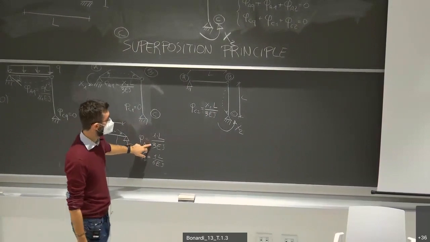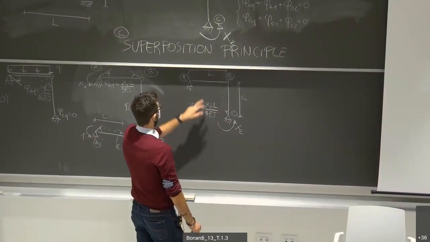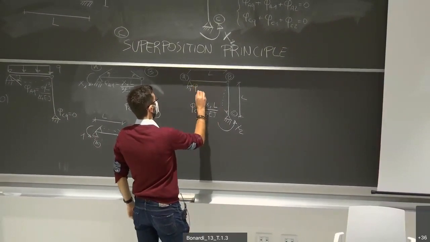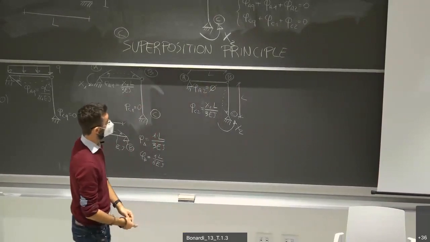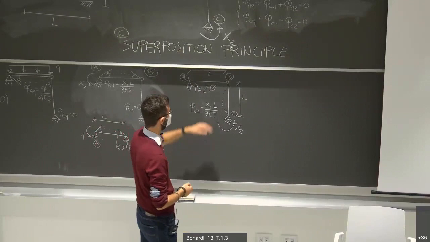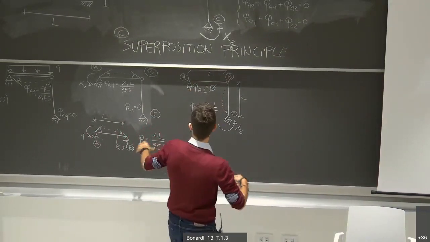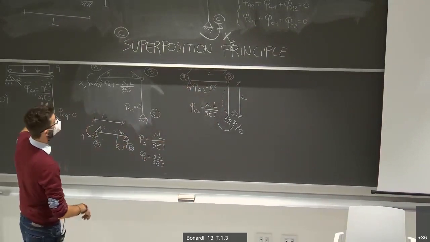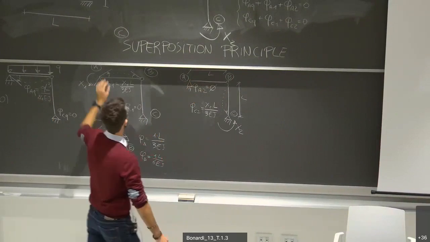So we are still considering the rotation in the node where the moment is applied, whereas PA2 is still equal to 0, because this beam is undeformed. So we just sum up all these terms that we have already collected and we put all this stuff in these two equations.